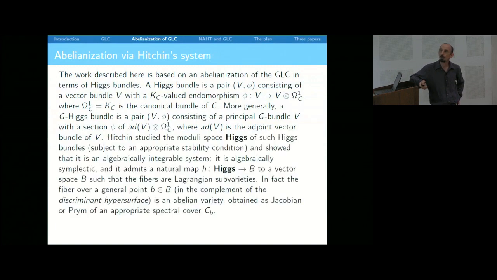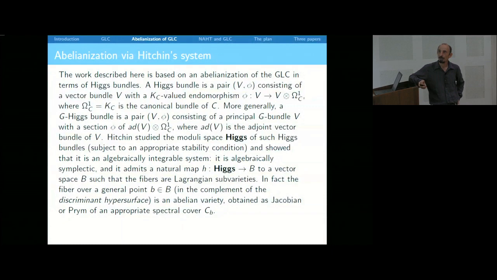So Hitchin studied the moduli space of such Higgs bundles subject to stability conditions and showed that it is an algebraically integrable system. It's algebraically symplectic. It admits a natural map H from Higgs to the base, a vector space B, such that the fibers are Lagrangian subvarieties.